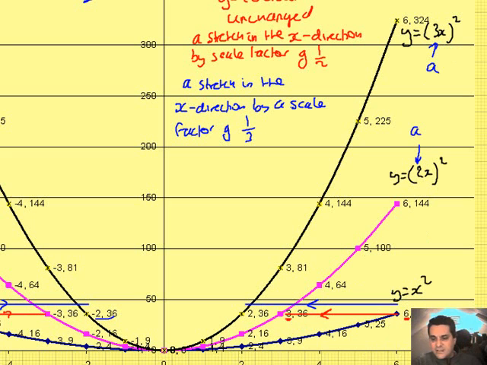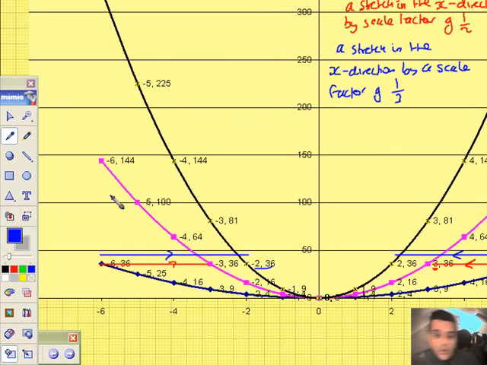So (6, 36) becomes (2, 36), because 6 divided by 3 is 2, and that will work in the negative direction as well. -6 divided by 3 is -2, hence the coordinates (-2, 36) right there that I highlighted earlier. So this is all about stretching graphs not in the y direction but in the x direction, and it will push them nearer to the y-axis as I squash the graph along the x-axis like that.